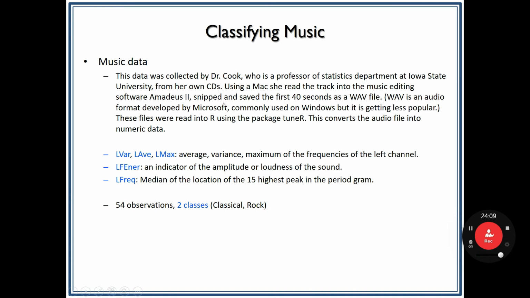Using her Mac, she read the track into the music editing software called Amadeus 2. Yes, quite old. We don't use this software anymore. She saved the first 40 seconds as a WAV file. WAV is an audio format developed by Microsoft and commonly used on Windows, but it is getting less popular. Anyway, she converted her music into WAV files, the first 40 seconds of each.